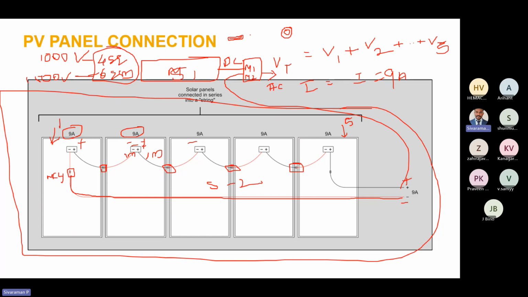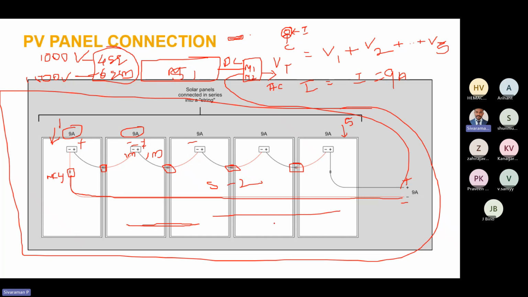There is an additional property called UV protection added in those cables. This will be the conductor and this will be the insulation. In short form, I mention them as C and B. These conductors are mostly made of copper, and that copper is coated with tin throughout the length.